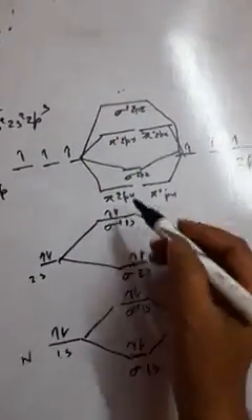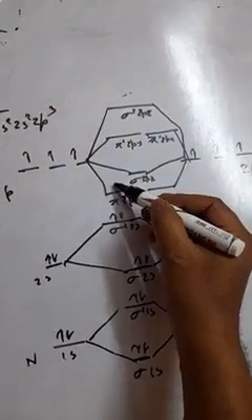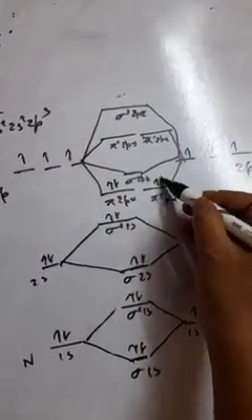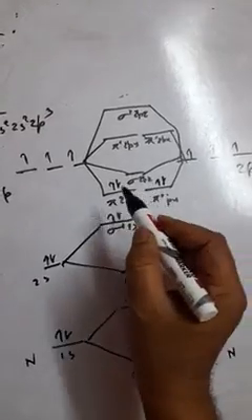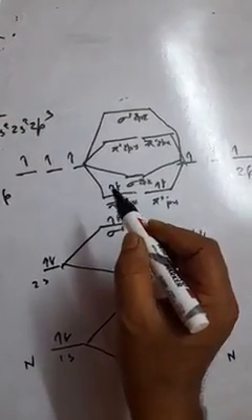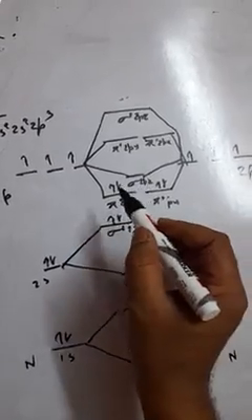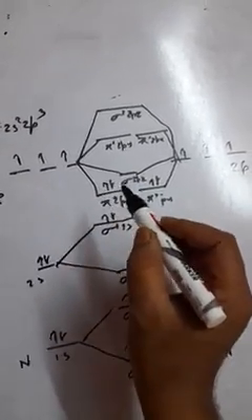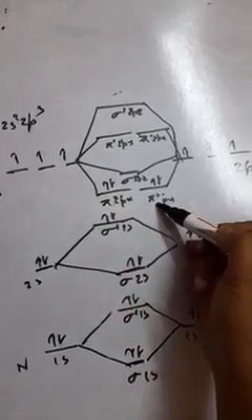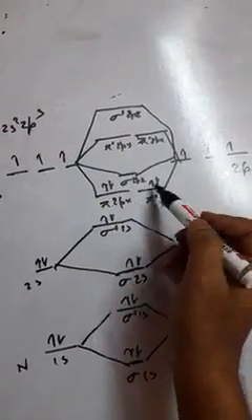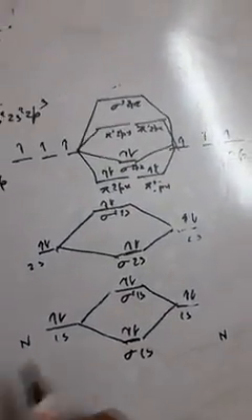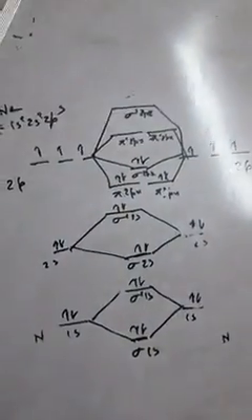Electrons cannot exist unpaired unless fewer electrons are available; as long as electrons are available, they will pair up. So pi 2px, pi 2py, total 6 electrons: 2 here, 2 here, and 2 here. Nothing in the antibonding part.